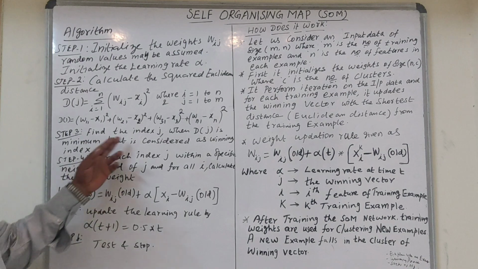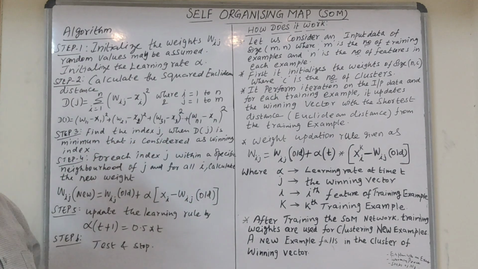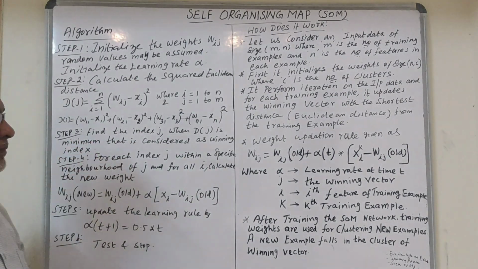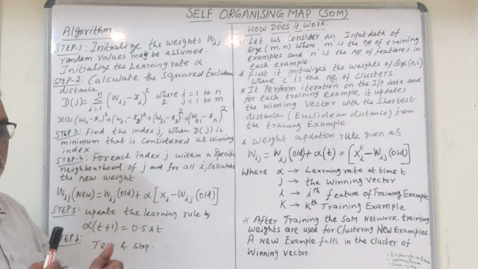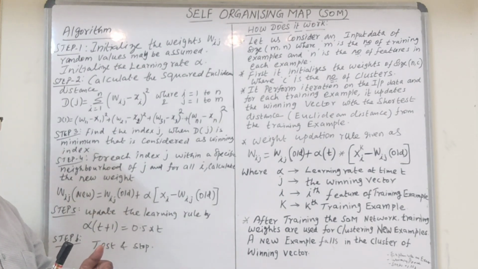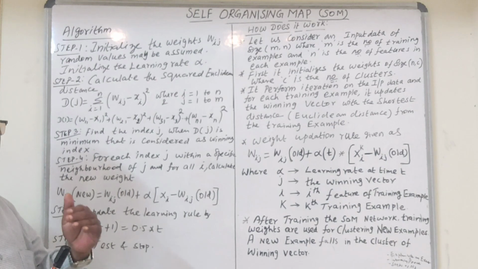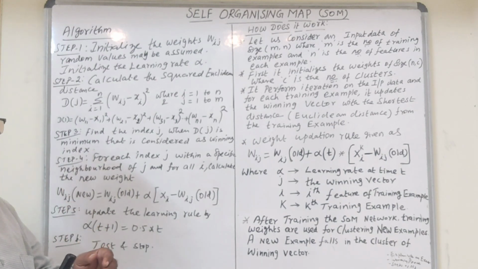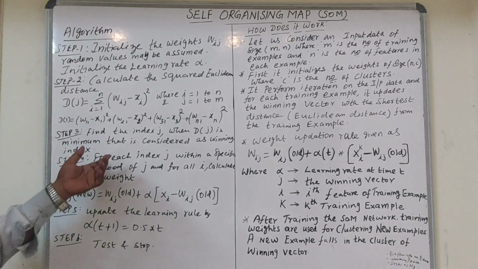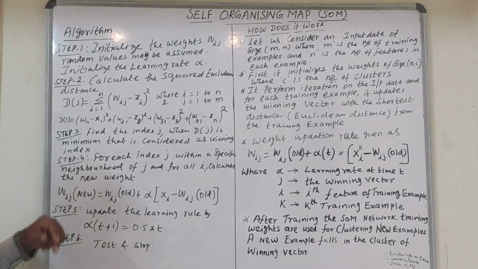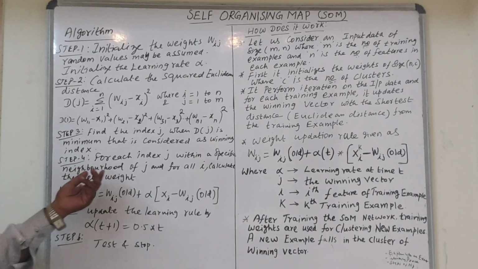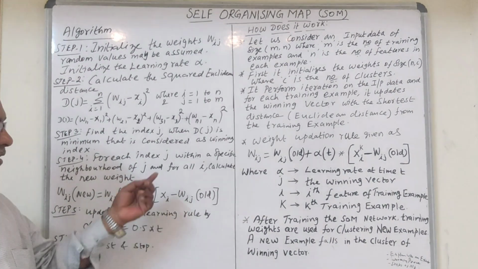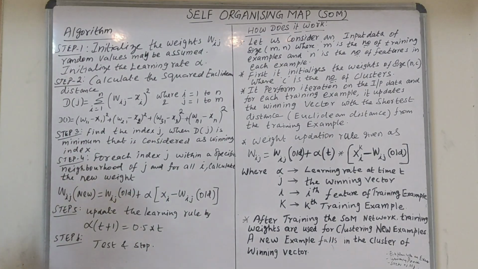Step number 3, find the index j where d of j is minimum, which is considered the winning index. We compare the values, and the index with the lowest value will be considered the winning index.